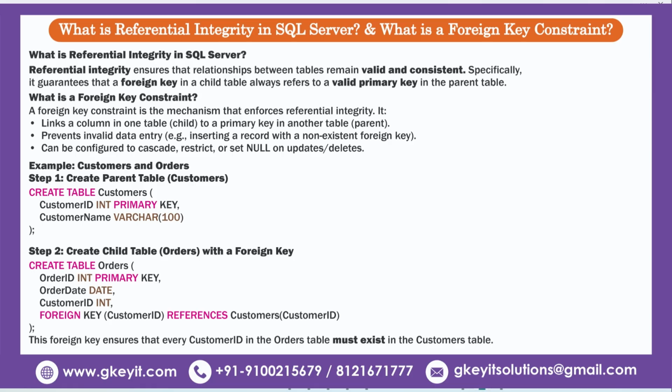The second table is a child table, the orders table, with order ID as primary key, order date and customer ID, and a foreign key on customer ID that references the customers table's customer ID. This is how we establish a primary key and foreign key relationship between the customers and orders tables. This foreign key ensures that every customer ID in the orders table must exist in the customers table.